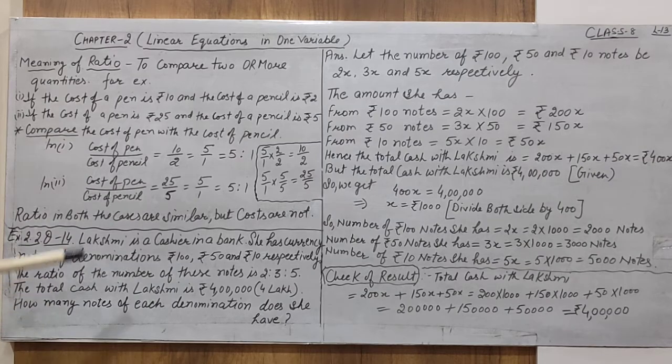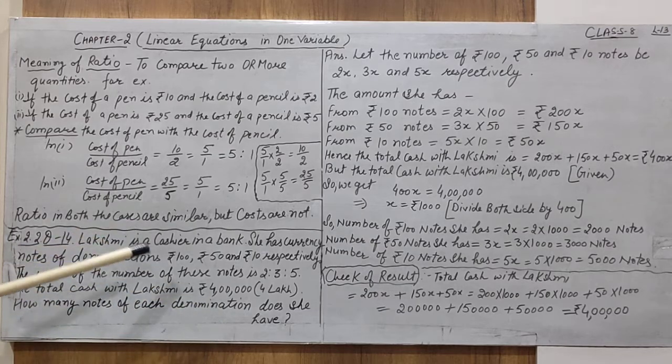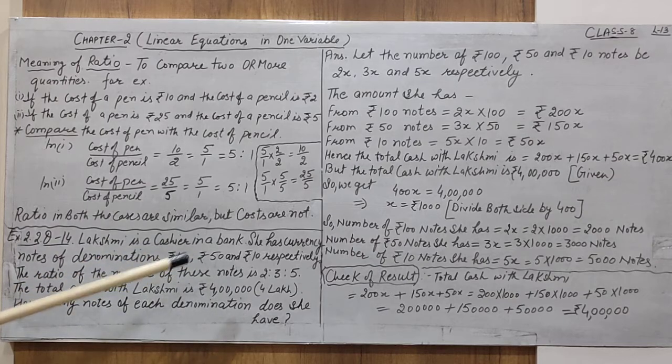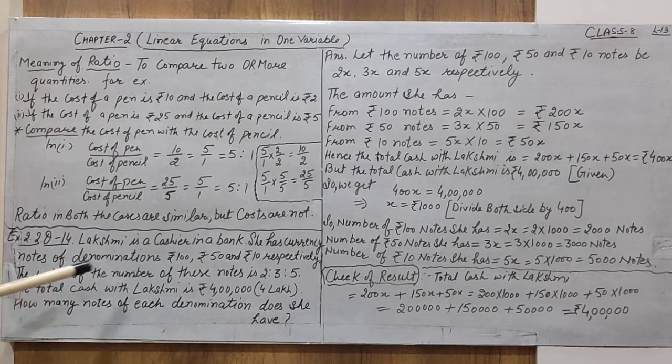Understand the question. Total amount with Lakshmi as a cashier of the bank is 4 lakh rupees. A few notes are of 100 rupees, a few notes are of 50 rupees and a few notes are of 10 rupees. Now only the ratio of the number of these notes is given, not the total number of notes.